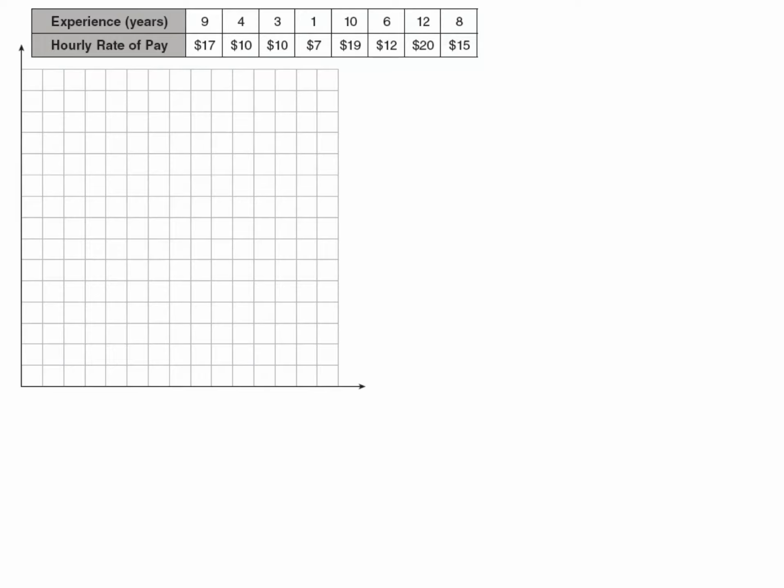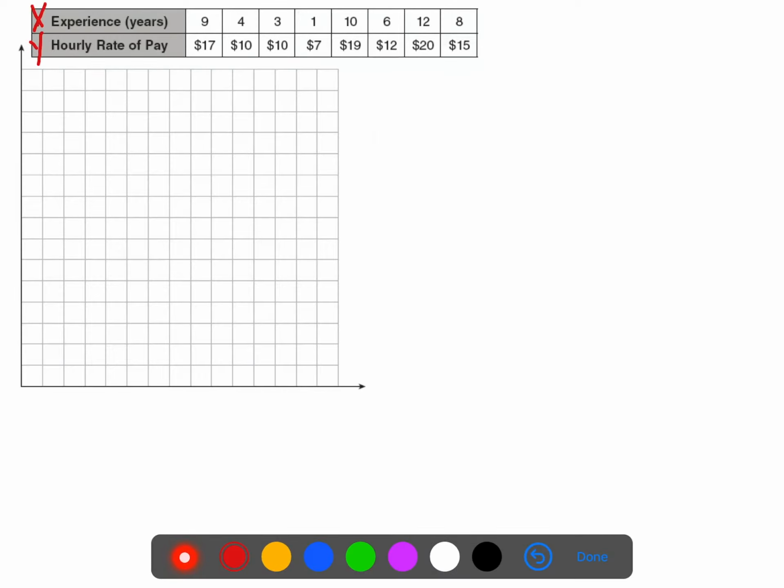So remember, in a table of values that is horizontal, the top is my x and the bottom is my y. The very first thing that I need to think about is a scale. I'm looking at the x values that I have, and I see they range from 1 to 12. I'm going to see how many spaces I have on my graph.